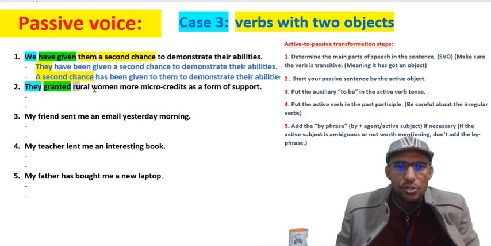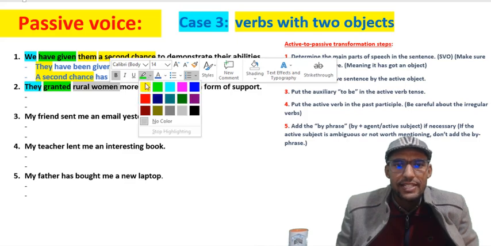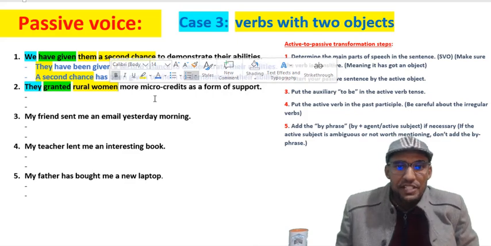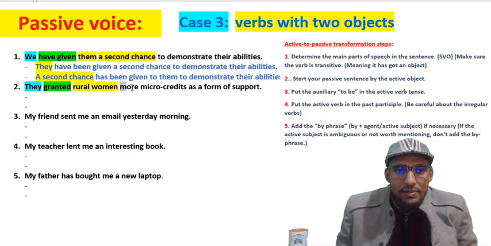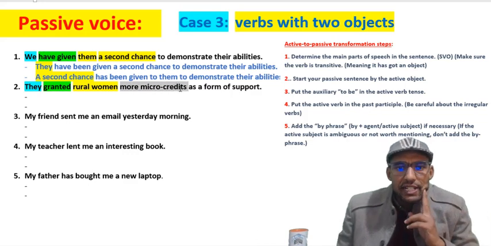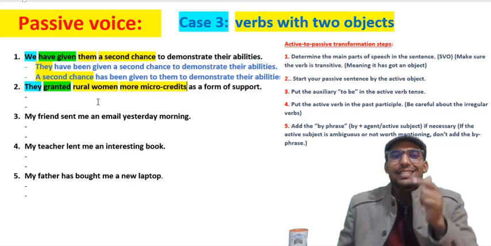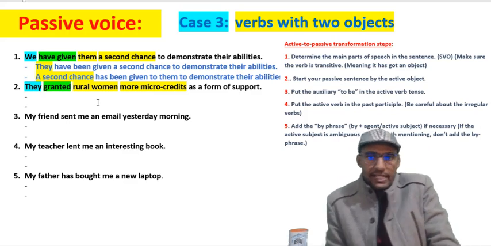Then "rural women," very good, is the indirect object, the first object: granted rural women what? Granted them more microcredits. More microcredits here is the second object, or what we call the direct object.